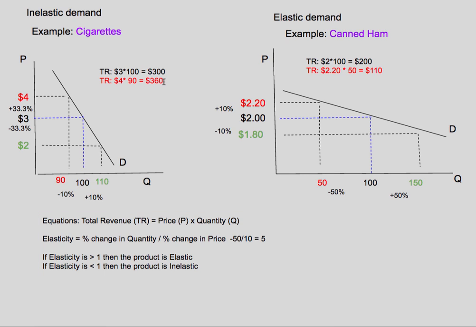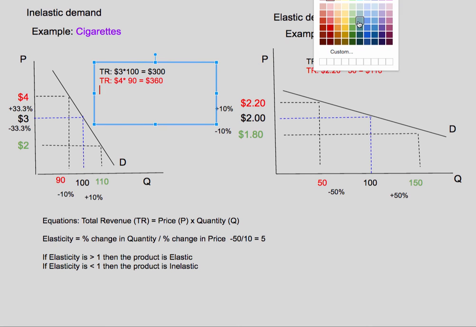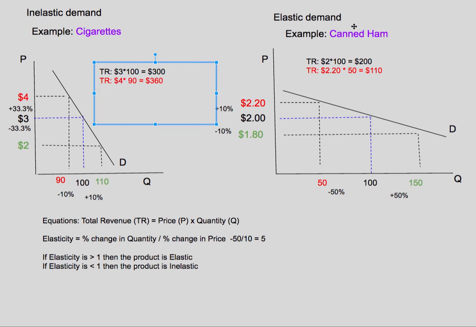Let's talk about total revenue. Here we said that total revenue increases from an increase in the price. Let's do the calculation for a decrease. And I'm going to change the color for that decrease in price. So in this case, it's $2 times 110 equals $220.